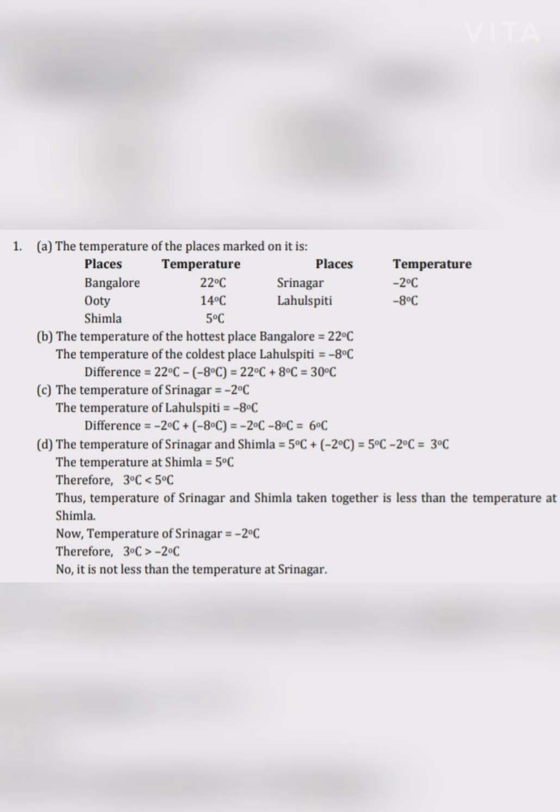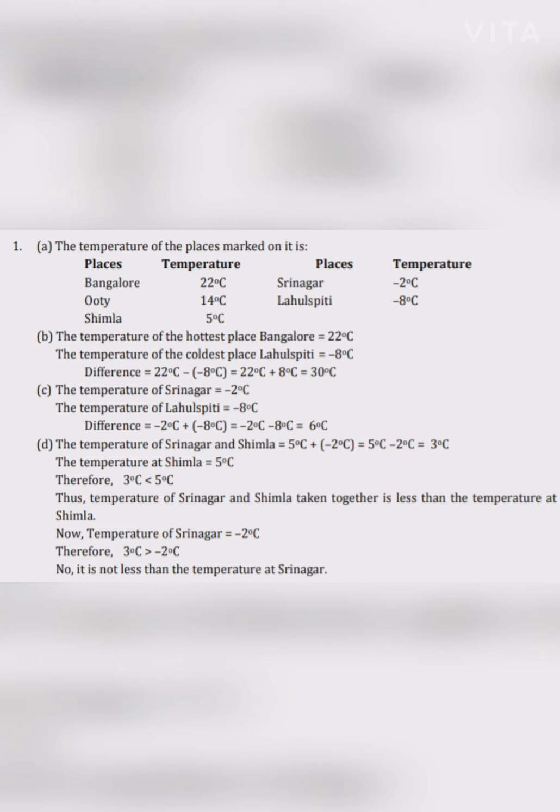The temperature of Shimla is 5 degrees Celsius. Therefore 3 degrees Celsius is less than the temperature of Shimla. Now the temperature of Srinagar is minus 2 degrees Celsius. Therefore, the temperature of Shimla is greater than the temperature of Srinagar. No, it is not less than the temperature of Srinagar.